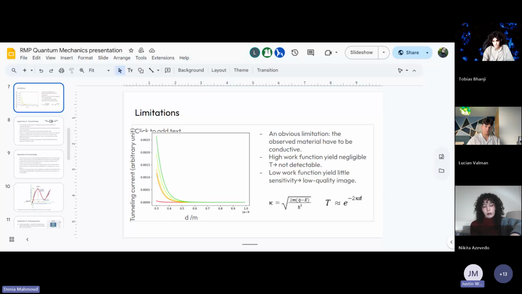When the work function is too high, as shown on the diagram by the green line, which is zinc oxide, the change of the detected current against a certain change of distance will be small, which is the steepness of the graph. So it is less sensitive and it produces low quality images. So this is apparently another factor that restricts the STM's practicality. Next slide.